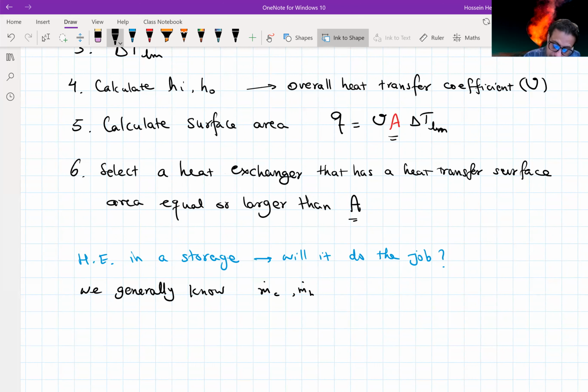And we know the inlet temperatures, let's say T h,in and T c,in. So these are the mass flow rates for both streams, and these are the inlet temperatures for, again, cold and hot streams. Now our job would be first to determine the rate of heat transfer and the outlet temperatures, to complete and make recommendations based on that.